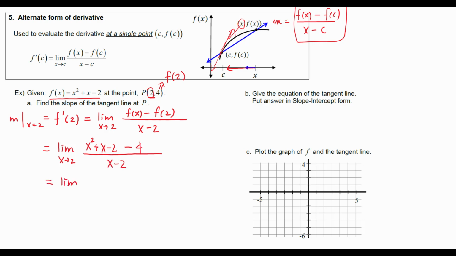That equals the limit as x approaches 2 of x squared plus x minus 2 minus 4, which is minus 6, over x minus 2.